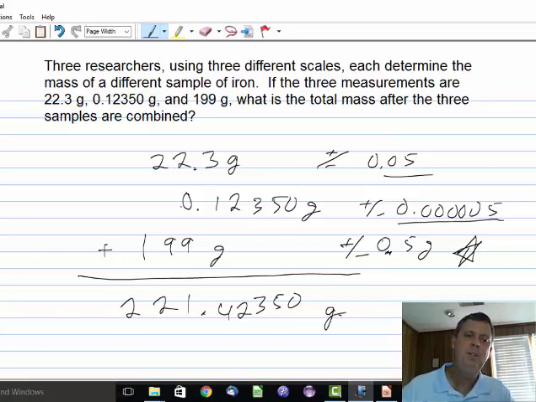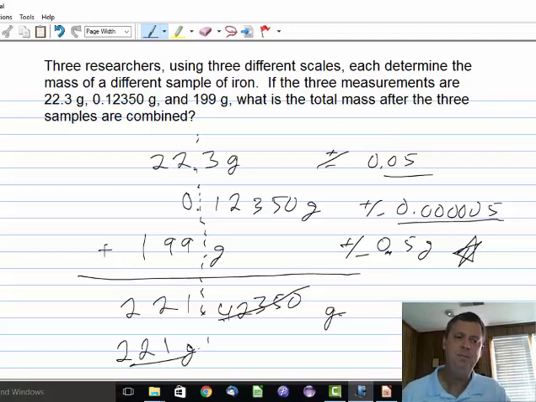We've got to round off. So I always just take our least precise value. You draw a dotted line down here to remind yourself everything after that has to be rounded off. So we get 221 grams as our final answer. And that's it. Hopefully that helps a bit better on significant figures.